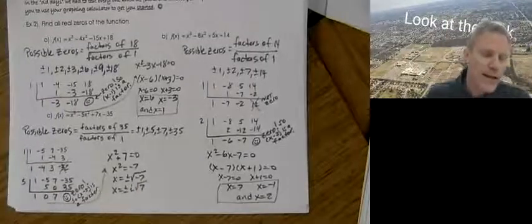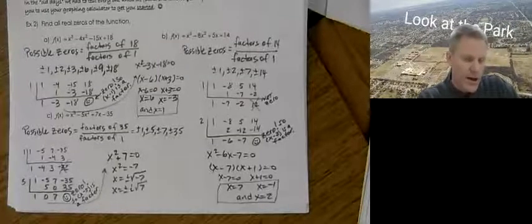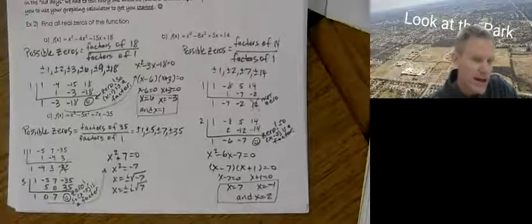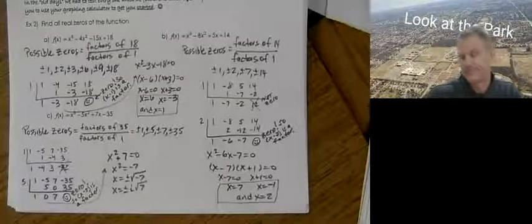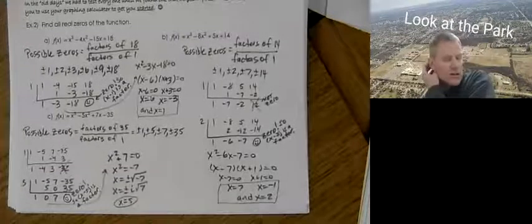So those would be 2 other answers, but they're imaginary. That means your graph probably doesn't cross again. So x equals 5 is actually the only answer.